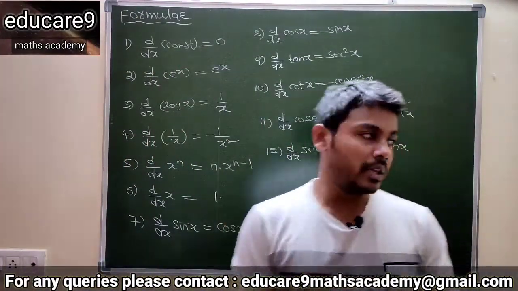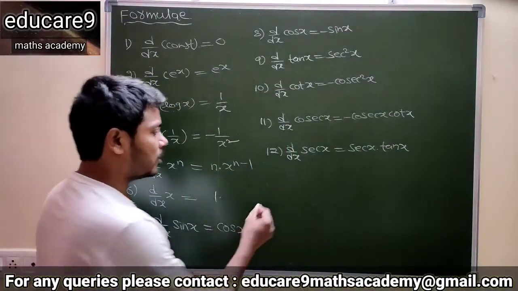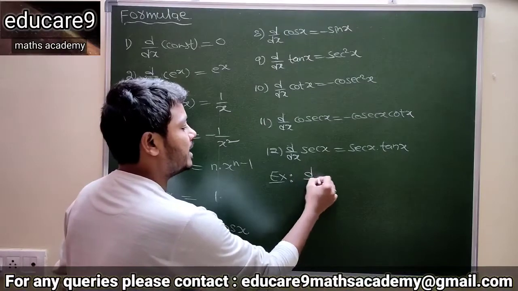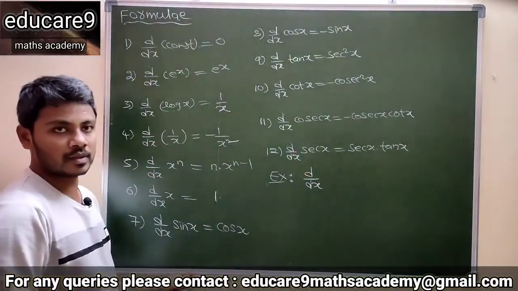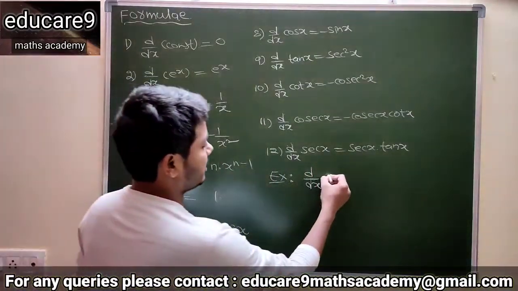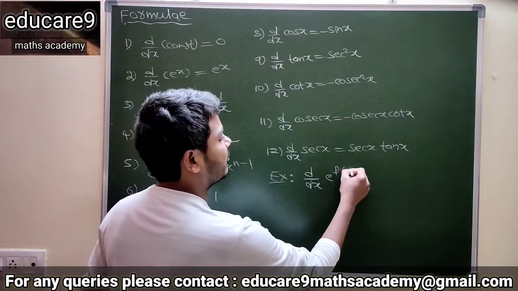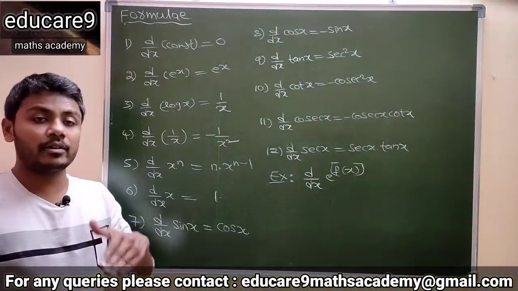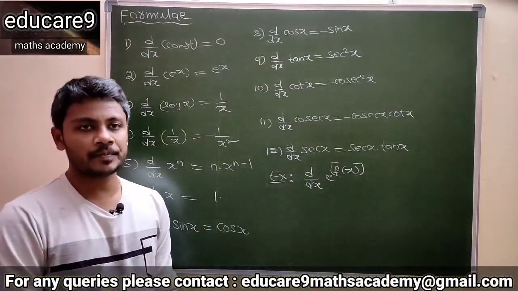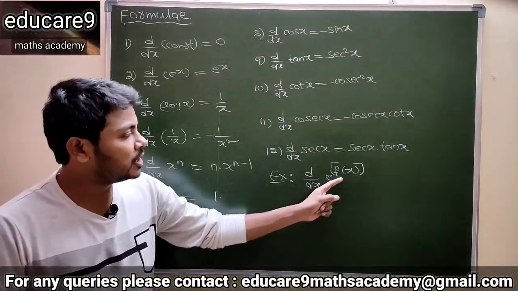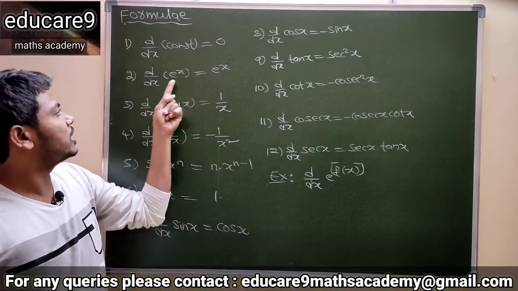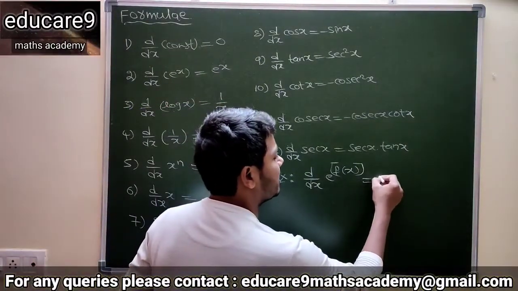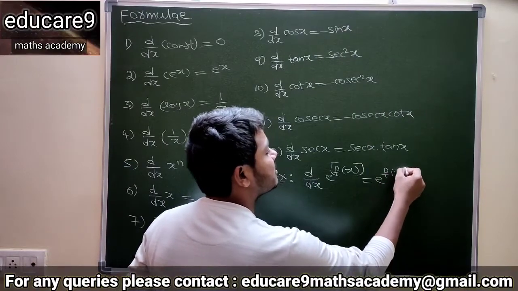Okay. See here. For example, d by dx of e power f of x. You need to find the derivative of e power f of x. So compare it with the form e power x. What is the derivative of e power x? E power x only. So write e power f of x.